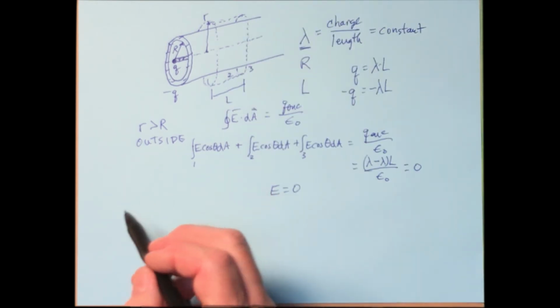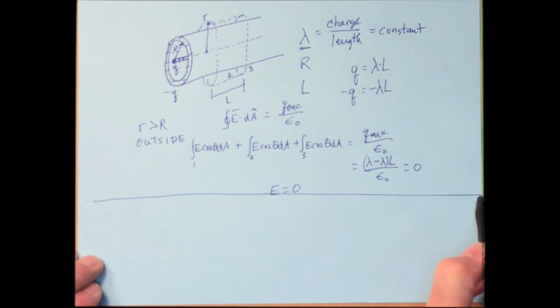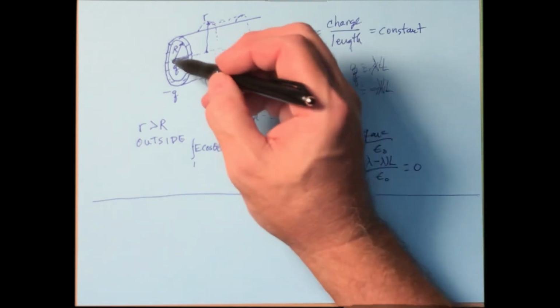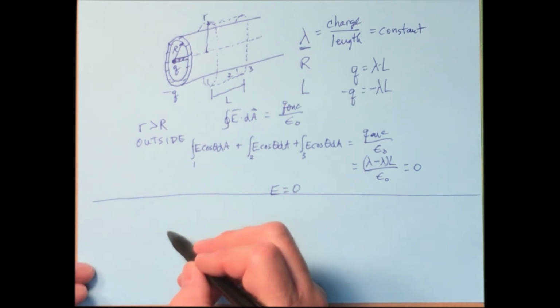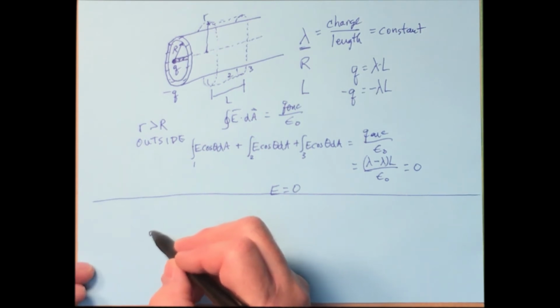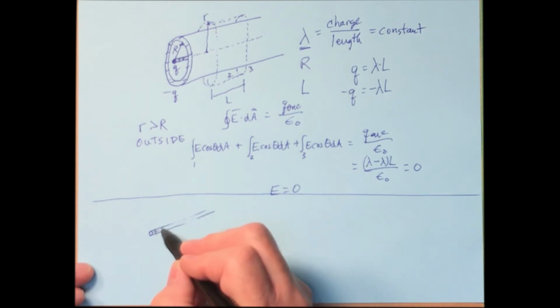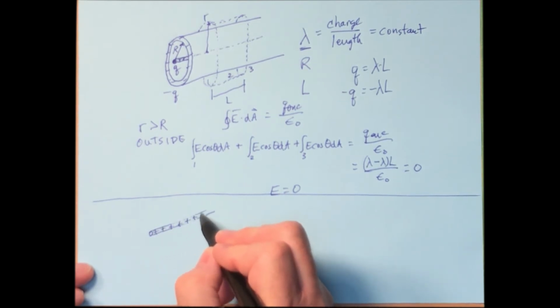Okay? So we're done with the outside here. Let's now do the inside portion. So for the inside portion, I'm going to magnify the view here. There's the central conductor right there, and that's where the positive charge is.